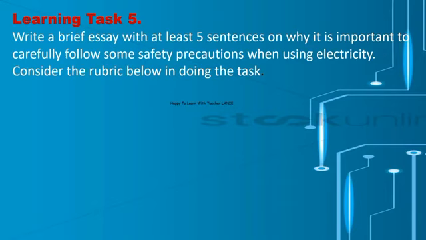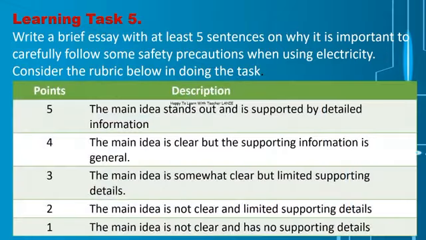Consider the rubric below in doing the task. 5 points: The main idea stands out and is supported by detailed information. 4 points: The main idea is clear, but the supporting information is general. 3 points: The main idea is somewhat clear, but has limited supporting details. 2 points: The main idea is not clear and has limited supporting details. 1 point: The main idea is not clear and has no supporting details.